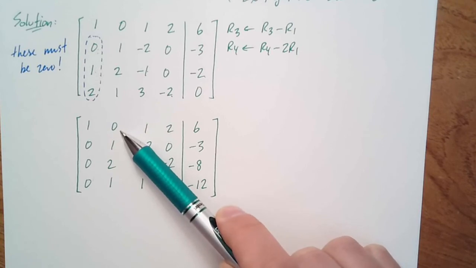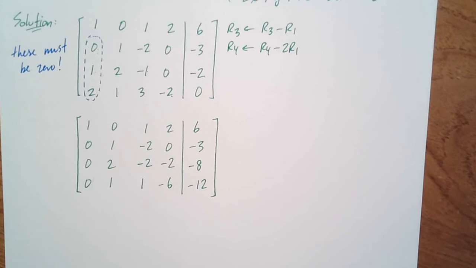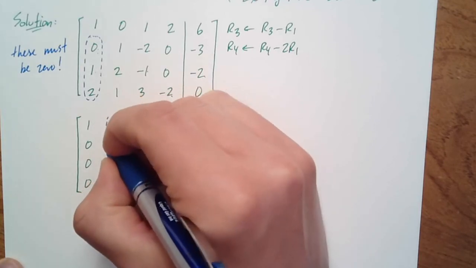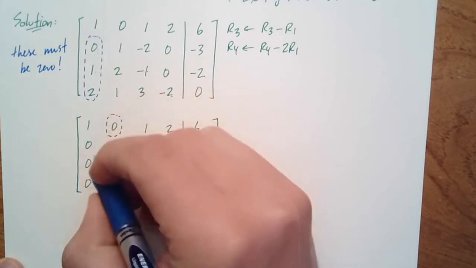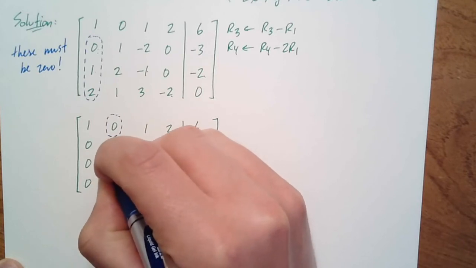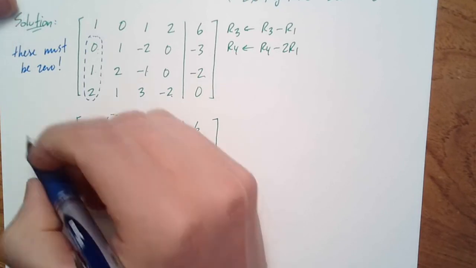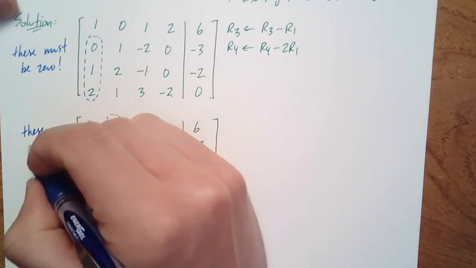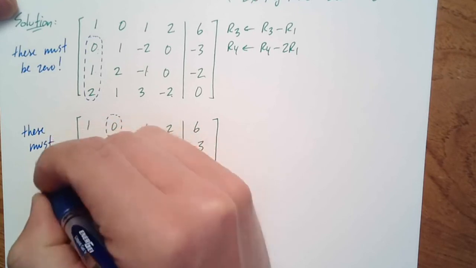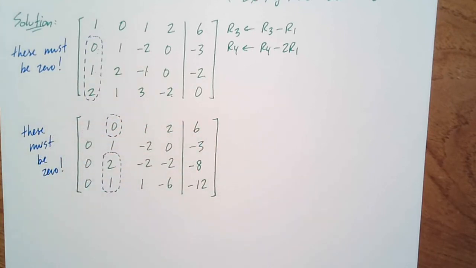But because we're doing both phases simultaneously here, we're going to also look above the leading 1s and make sure that they're zeros. So even though this entry is already a 0, I want to circle it along with these entries because I want to really make the point of telling you where your focus would be next. So these must be 0. Even though one of them already is 0, those are the entries that you're looking at.